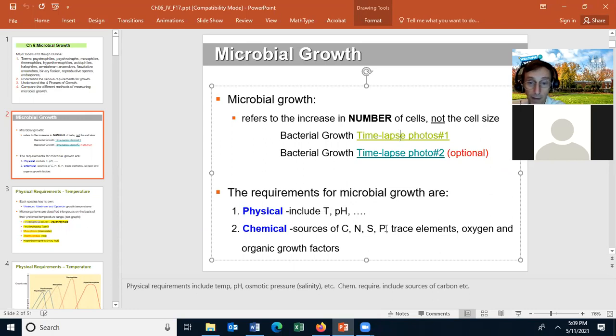They have to have trace elements available, and the correct oxygen and organic growth factors. Any question about any of that?